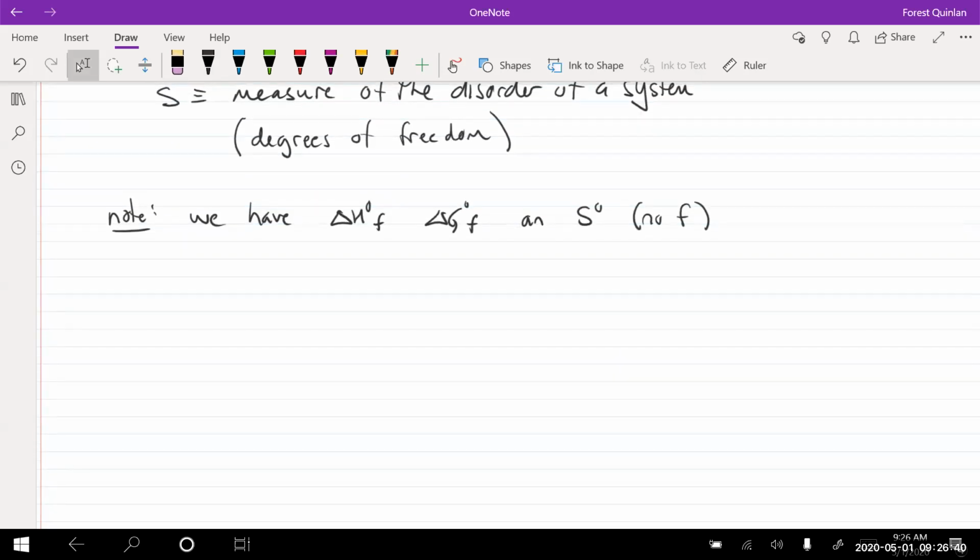So everything, the delta G's and delta H's, is everything compared to the elements which have 0 energy to be formed.